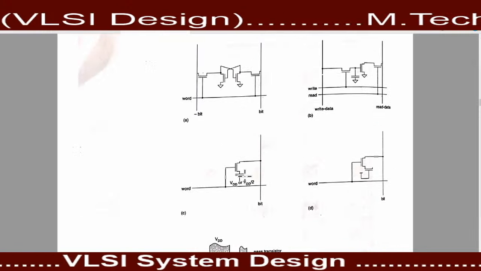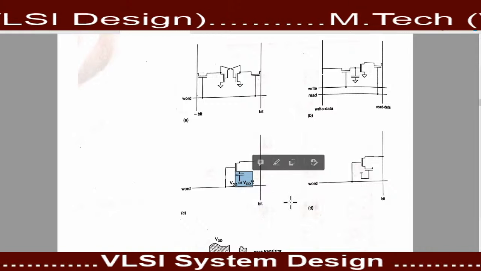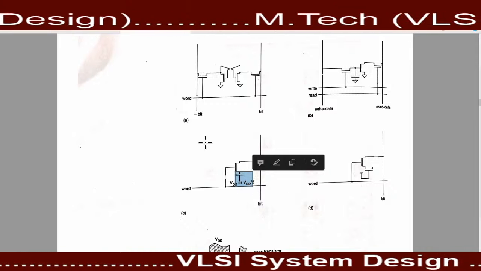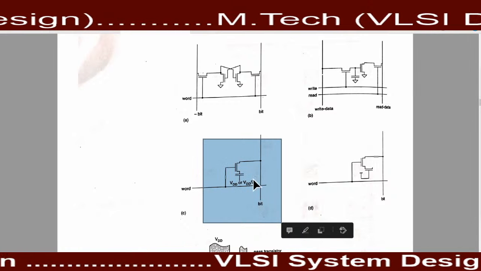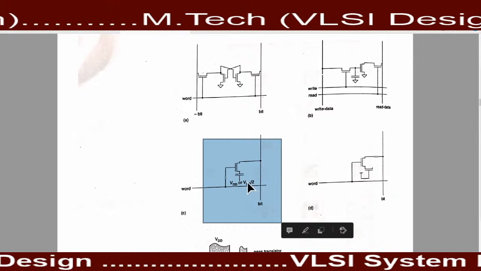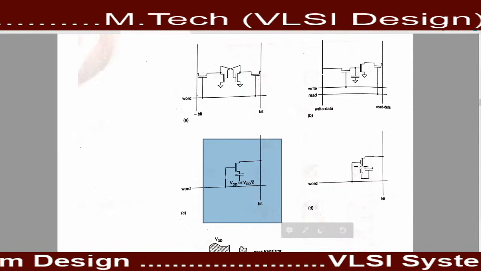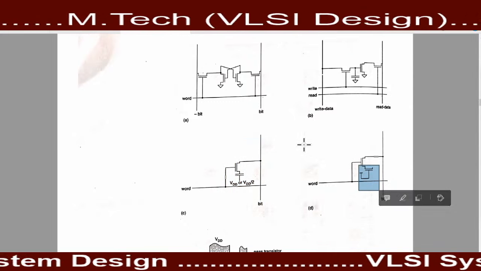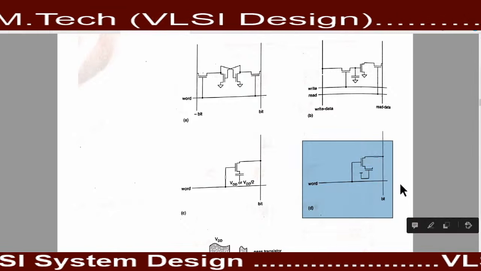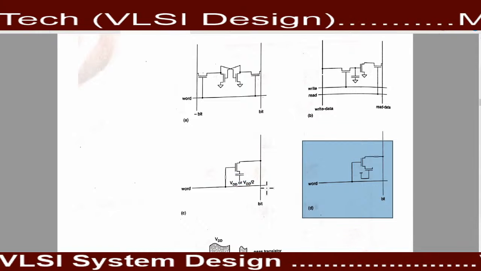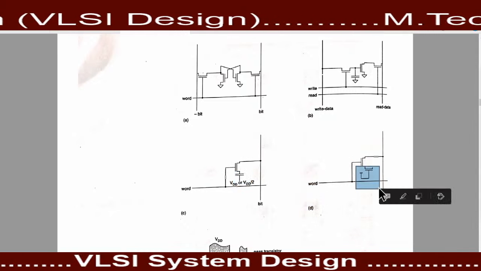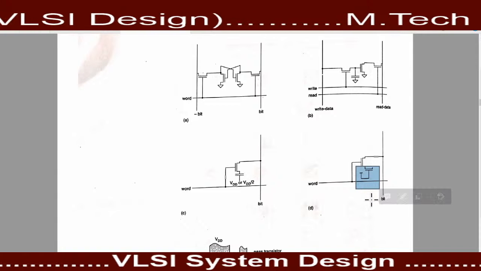Here you can see the capacitor is present over here. So when we connect a transistor with a capacitor, this type of memory structure is known as DRAM. We can also eliminate the capacitor by using this type of transistor connection combination.